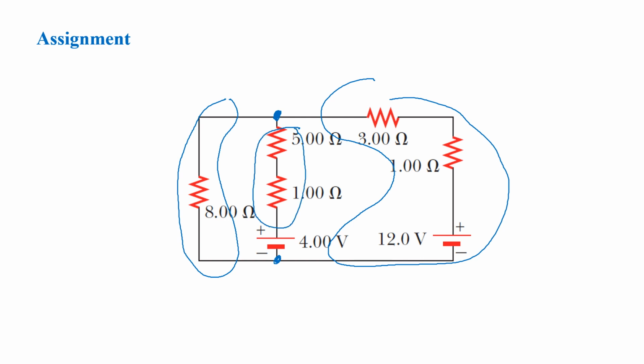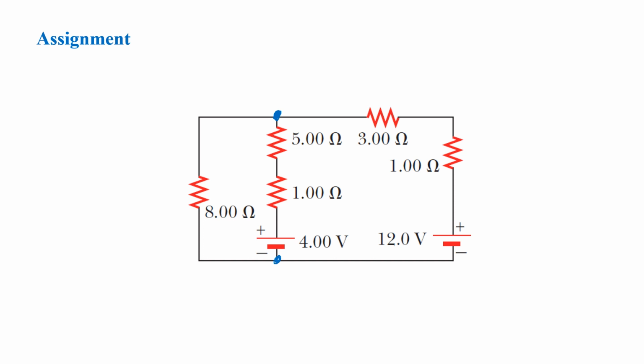So as you can see, we have 3 currents, and just for example, I have these 3 currents here. I assume that I1 is going into the junction, and it goes out as I2 and I3.